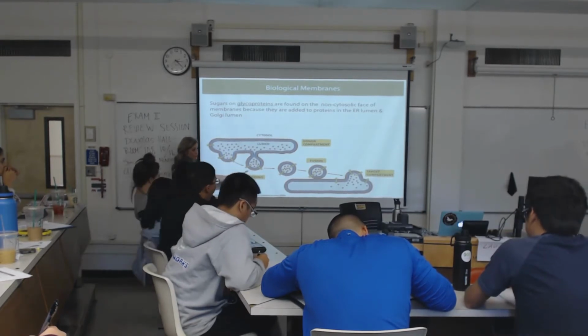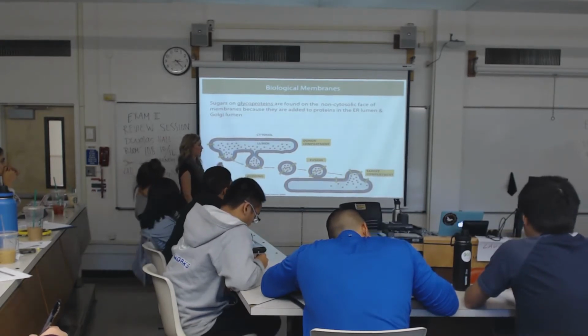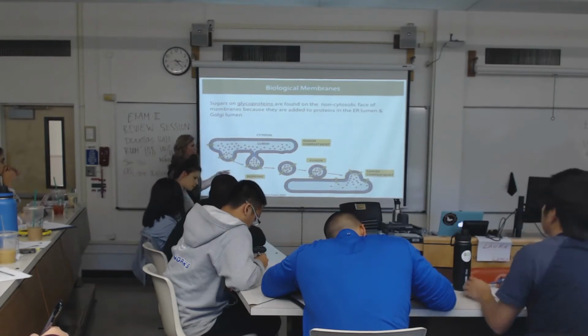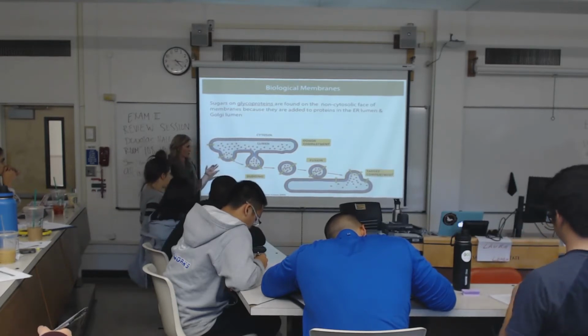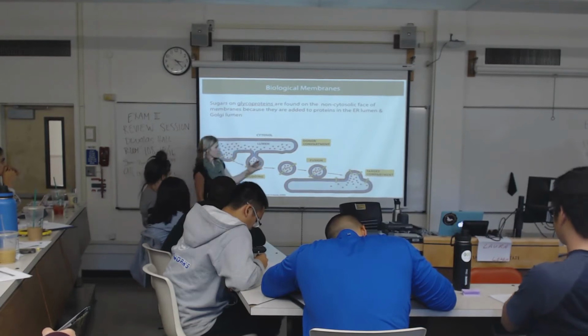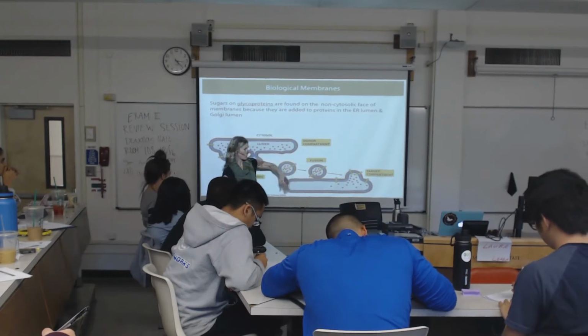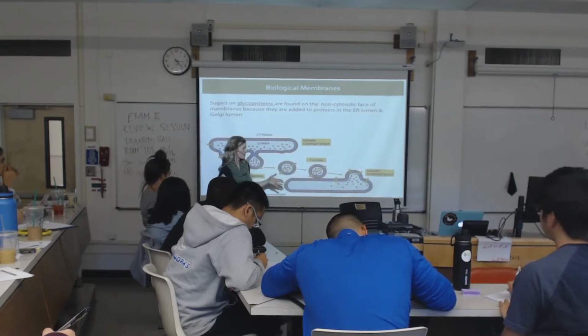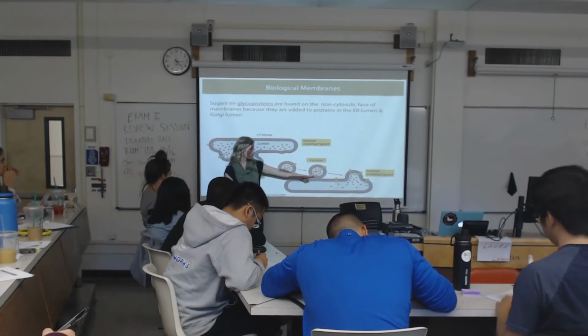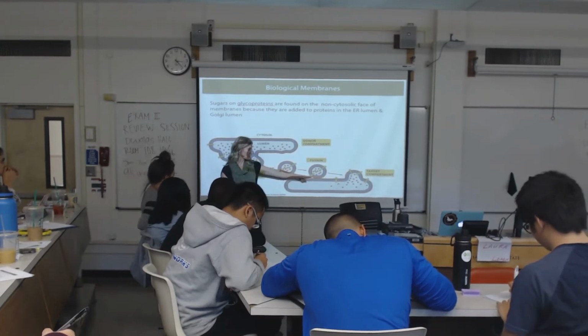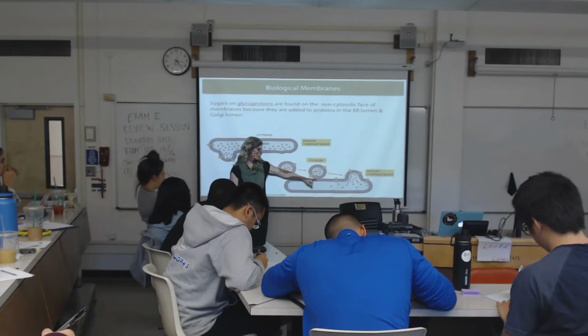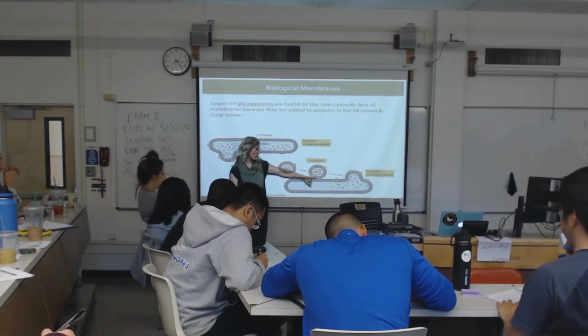Okay. And here's the part I think people usually get a little bit lost on. As this vesicle travels, it just maintains that conformation. But when it fuses with its target compartment, the way that fusion proceeds is the non-cytosolic leaflet wants to fuse with the layer that is similar to it, right?